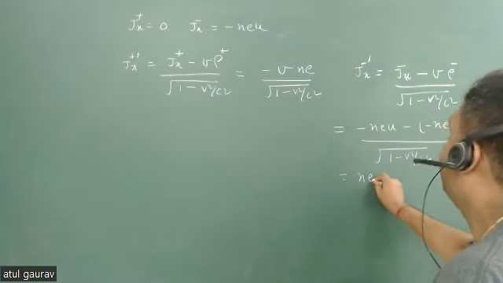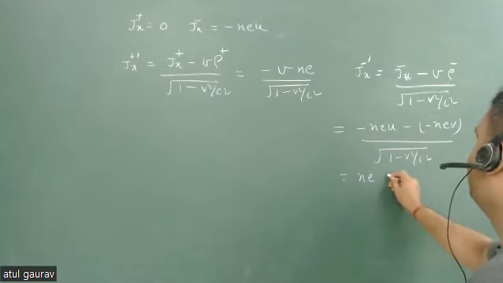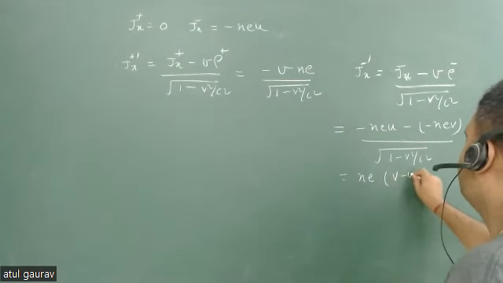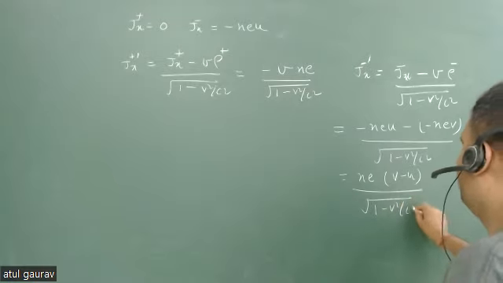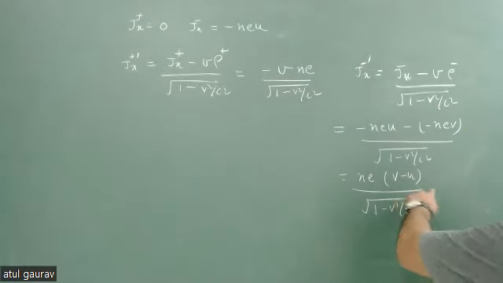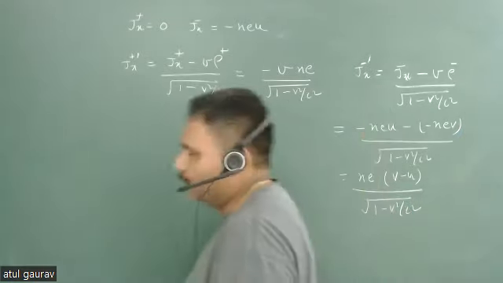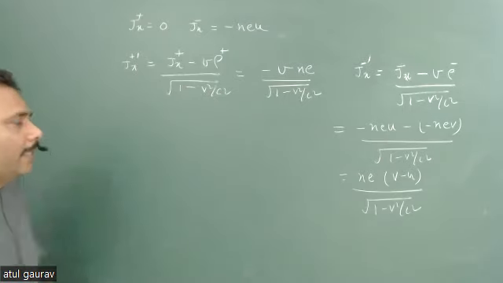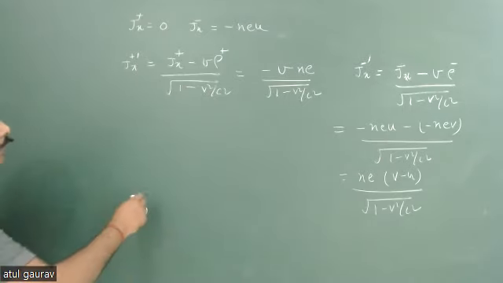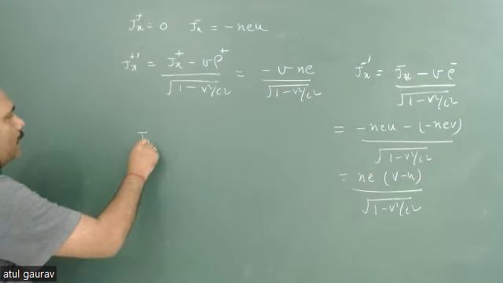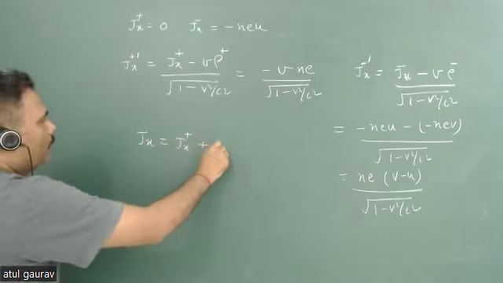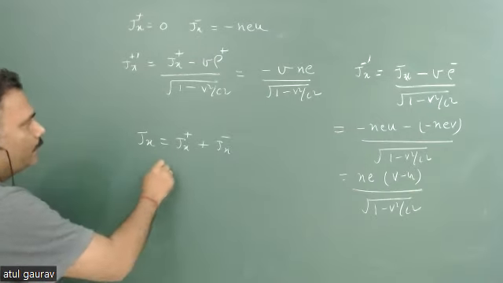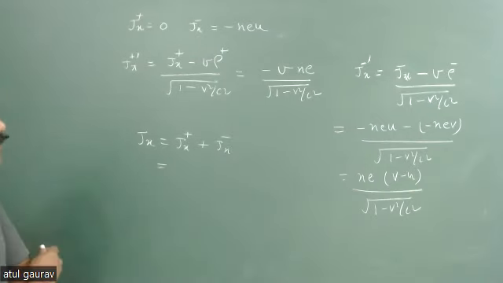You have ne, and you have v minus u, over 1 minus v square upon c square. So you can see this type of situation is there. And what will be your combined current? If you go for your combined current, Jx is equal to Jx plus plus Jx minus, then is anything going to cancel out?